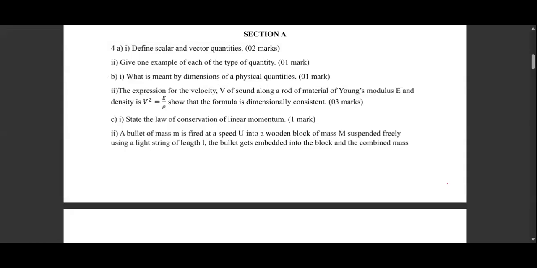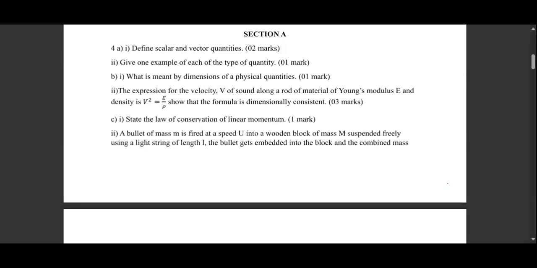So the first question is asking us to define scalar quantities and vector quantities. Scalar quantities are quantities which have only magnitude and no direction, whereas vector quantities are quantities that have both magnitude and direction. Then examples of vector and scalar quantities.